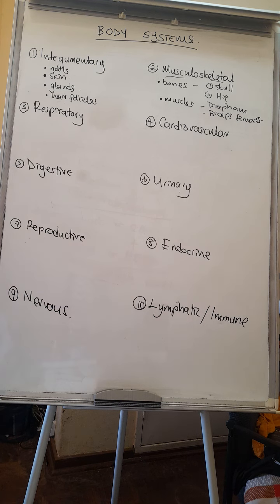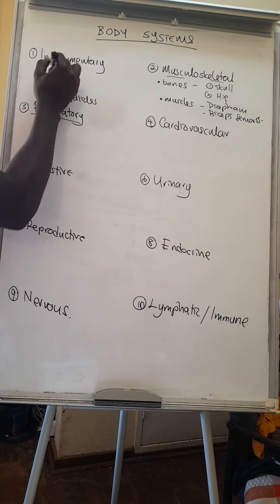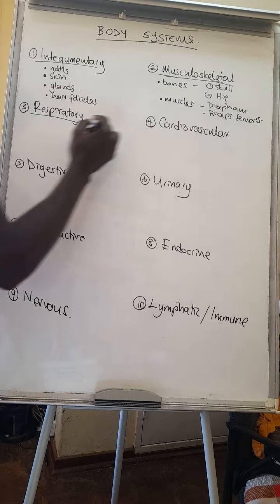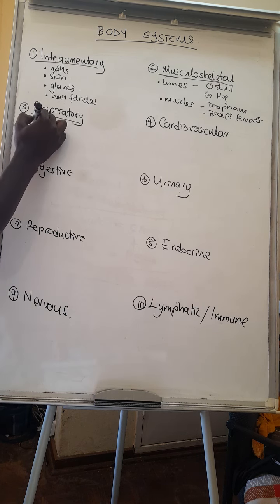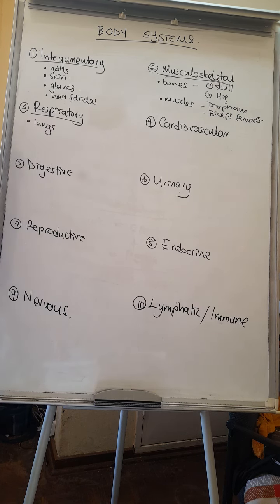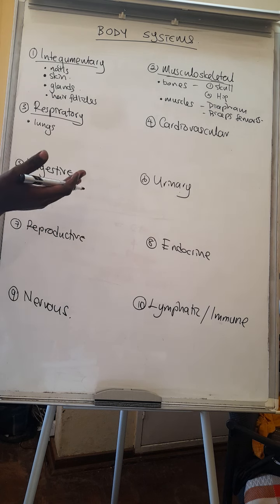We move from that to the respiratory system. This is basically involved in gas exchange. We're talking about the lungs. We have 2 lungs, the lung on the left and the lung on the right.